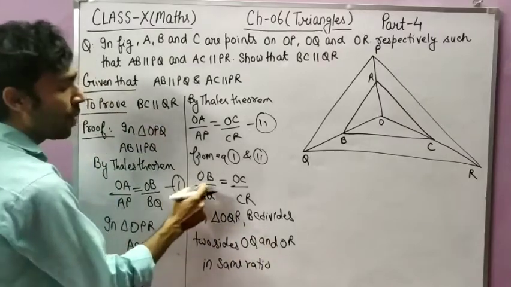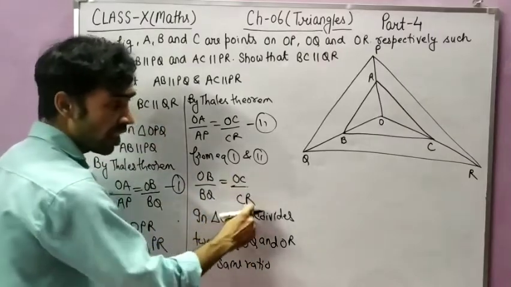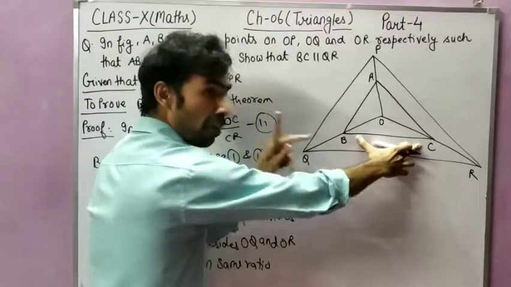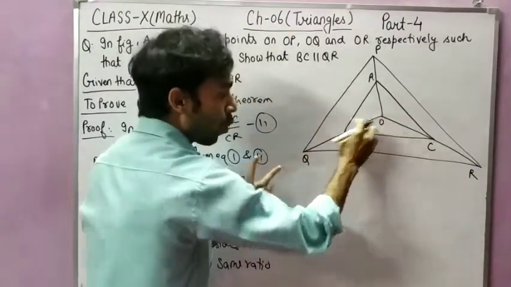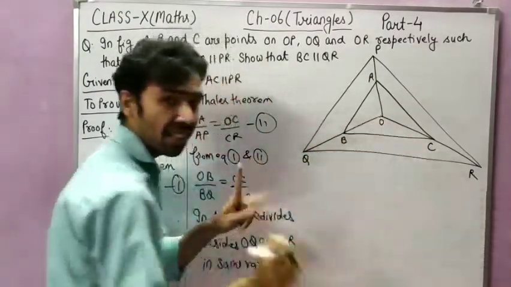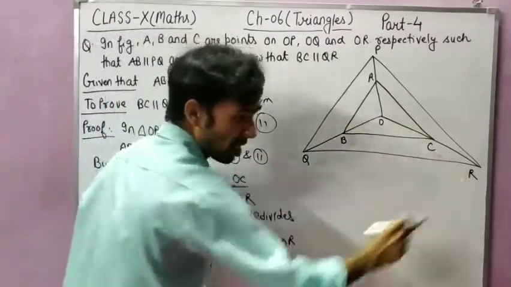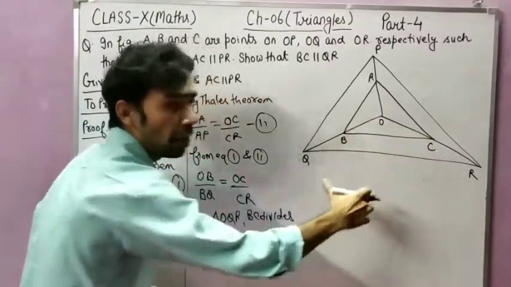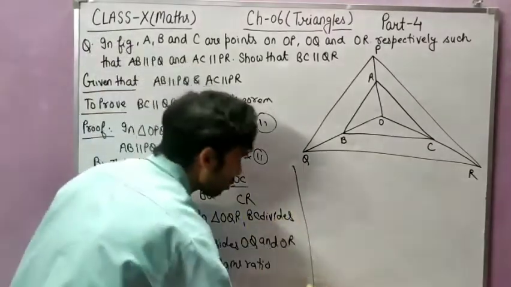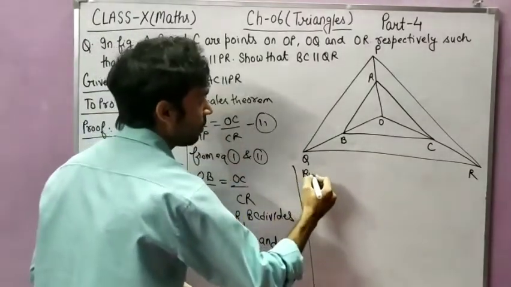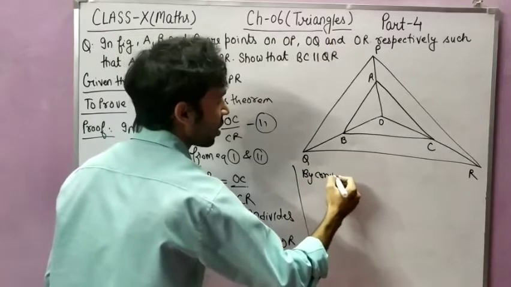See, OB by BQ is equal to OC by CR. That BC divides the two sides OQ and OR in the same ratio, means OB upon BQ is equal to OC upon CR. Then that line will be parallel to the third side by converse of Thales theorem.